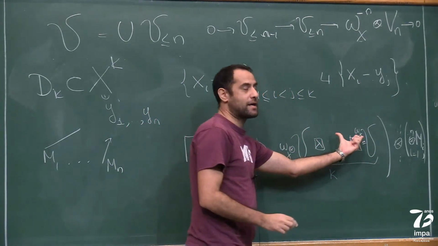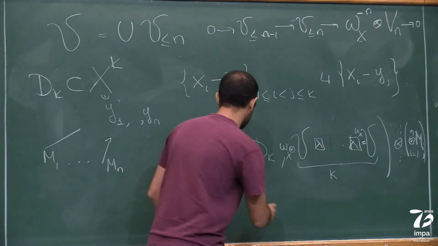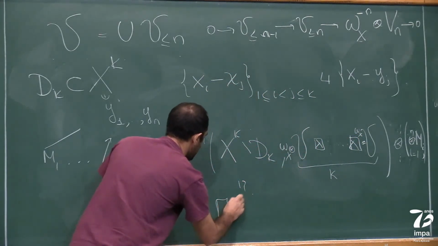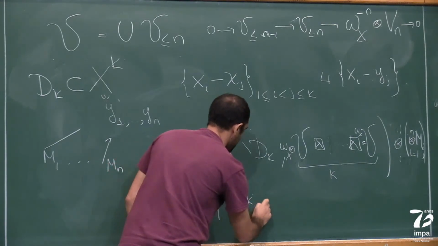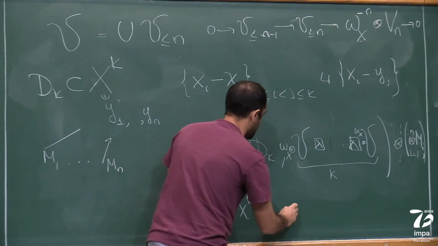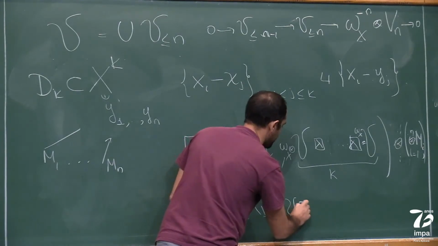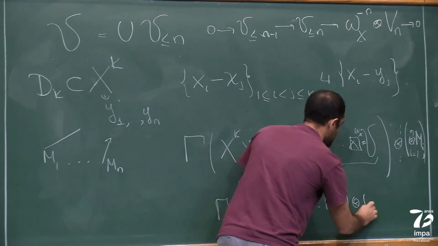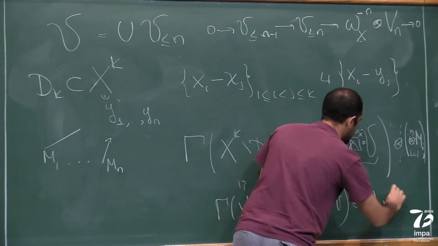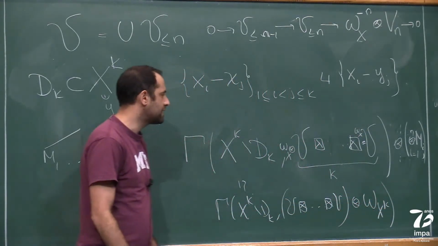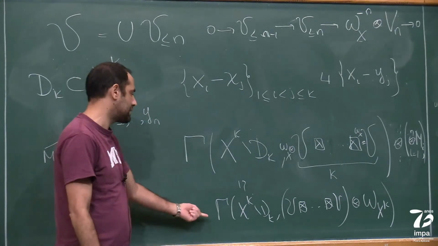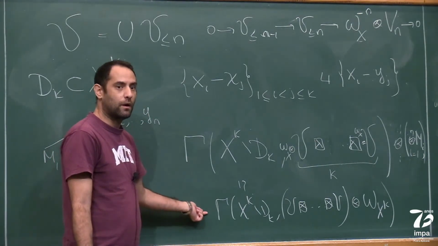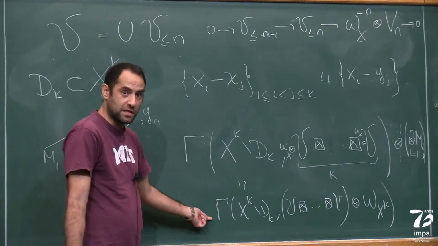So you can take all these factors of omega_X out, and this is the same as Γ of X^k minus the divisor of this same guy that I had before, tensor with the canonical bundle on X^k. So that this guy became a right D-module. This is locally in coordinates, which is how we're working.